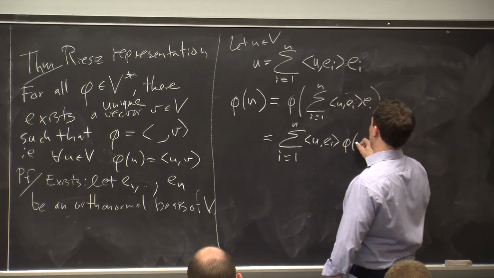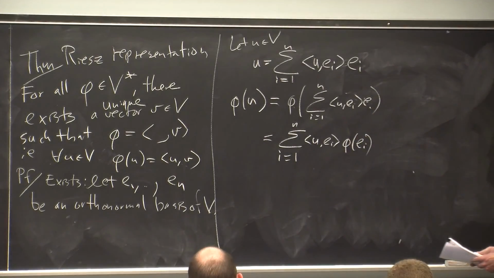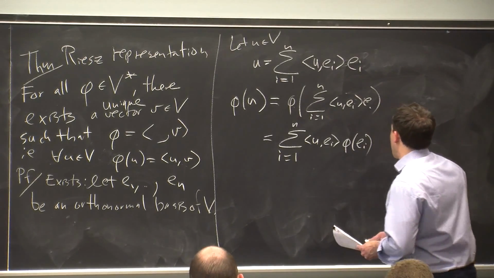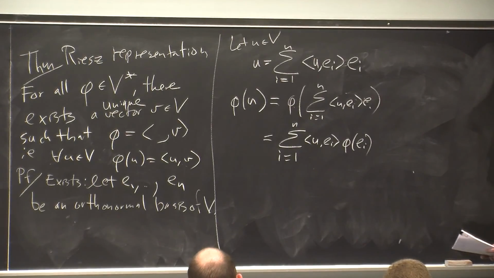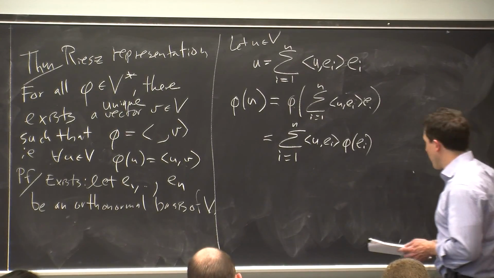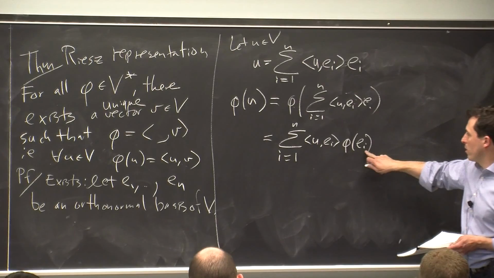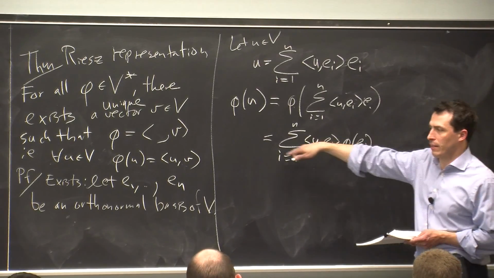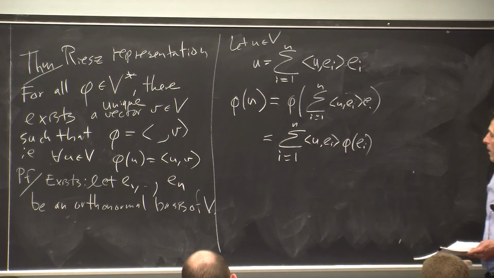The only vector left in here is e_i. Now phi is a linear functional, and e_i is a vector, so phi of e_i is just a scalar, right? So everything here is a scalar.